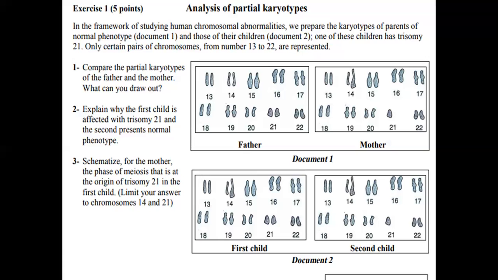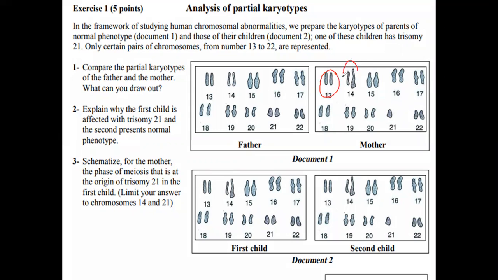First, let's have a look at the karyotype of the father and the mother. The father has two copies of chromosomes 13, 14, 15, 16, 17, 18, 19, 20, 21, and also 22. So all of them are normal; the father has a normal number of chromosomes. However, in the mother, 13 is normal.